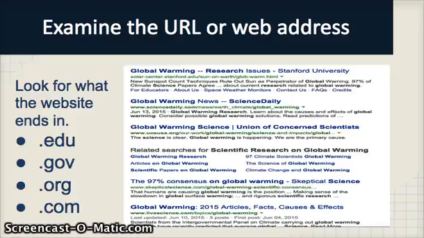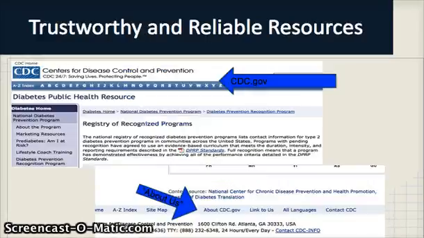If you were to do a search on diabetes, we could go into one of the sites and see that they have reliable information by looking at their About page. We can see that they have credentials for posting the information that you're reading, and they have phone numbers and addresses.